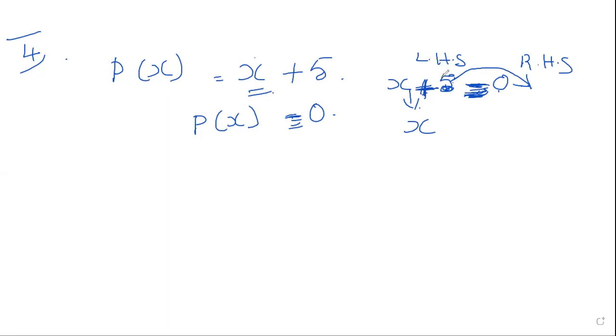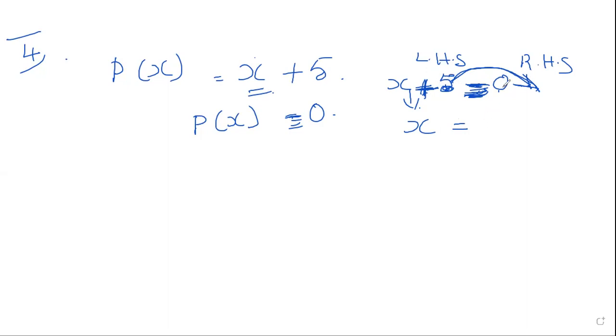You have to change the sign of the number. Now it is plus 5, and you are transposing it to the right hand side, so you have to change the sign. Plus 5 becomes minus 5, since it is going to the other side of the equal sign.